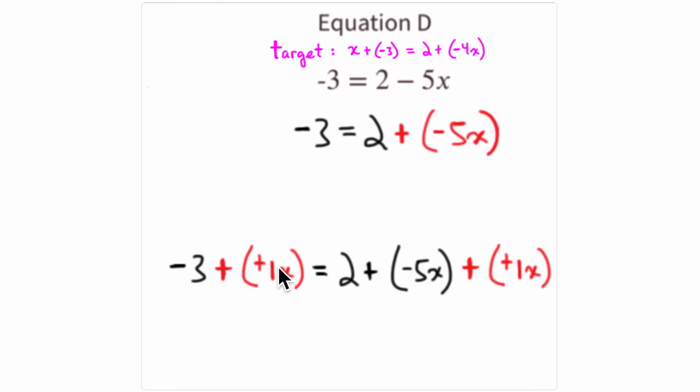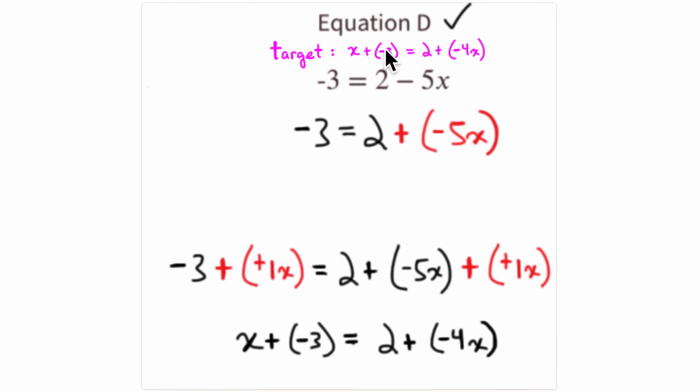And by adding that 1x to this side, this becomes x plus negative 3, which is this side. So that works. Just that simple change of adding a positive 1x changes the form of this equation to this equation. And it shows that these are two different forms of the same equation.